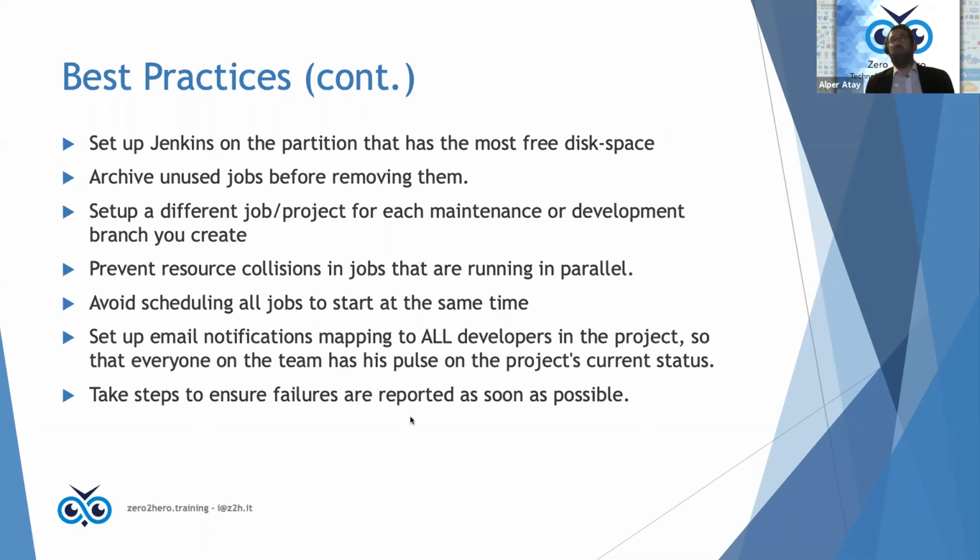And take steps to ensure failures are reported as soon as possible, because this is one of the reasons we are doing it. We need to ensure that we know the failures as soon as possible, so that we could take appropriate actions.